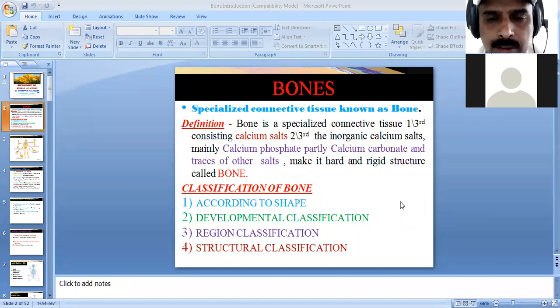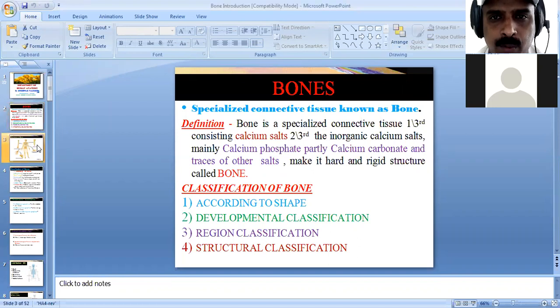So my dear students, you should know the four broad classifications. First is according to the shape, second is developmental, third is regional, and fourth is structural classification.